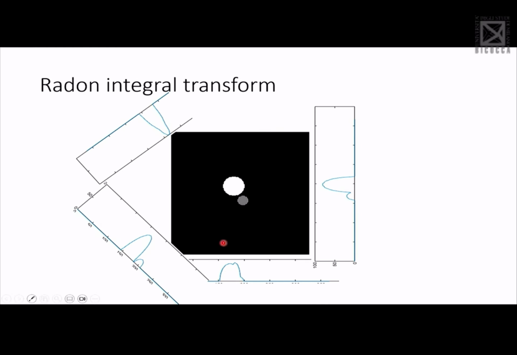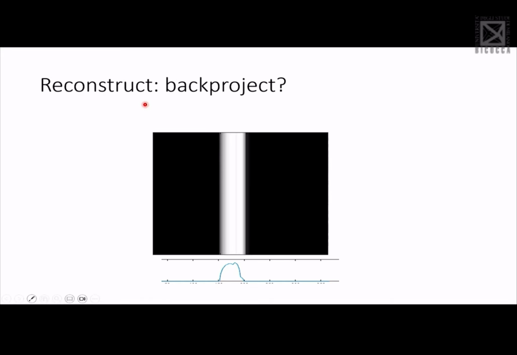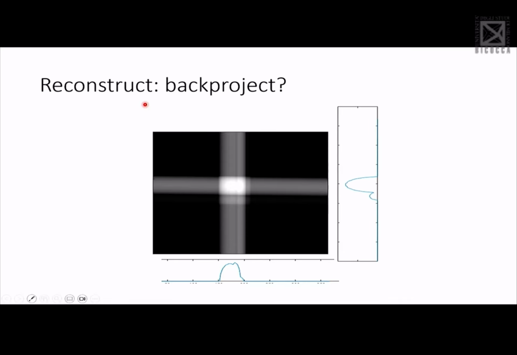If I do it this way, they're perfectly separated, and this way, they're perfectly superimposed. So this is what we can call in mathematics our forward model. Now you can ask yourself, how do I get back from the detector signal to my image? I can think about summing all the projections.